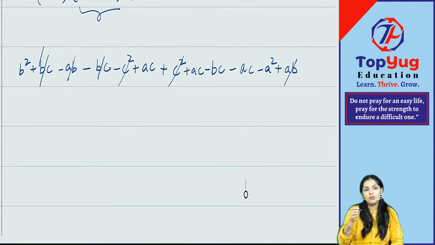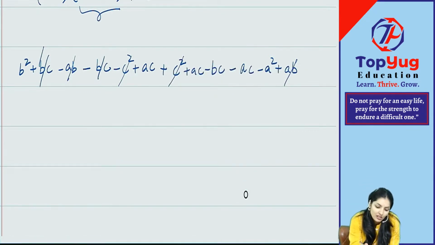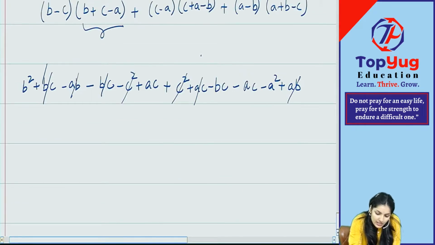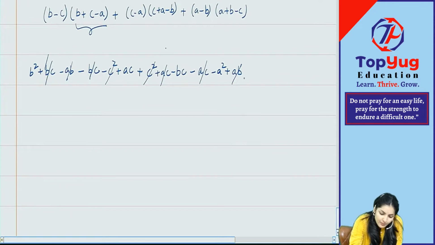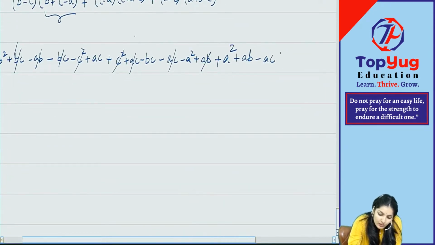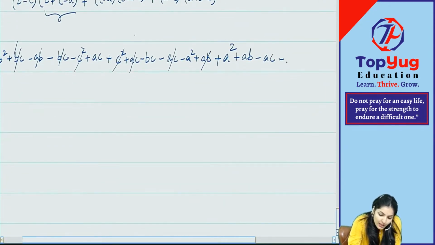I have written the spaces there. Now we can cancel. Now minus bc, so plus a square plus ab minus ac, minus ab minus b square plus bc.